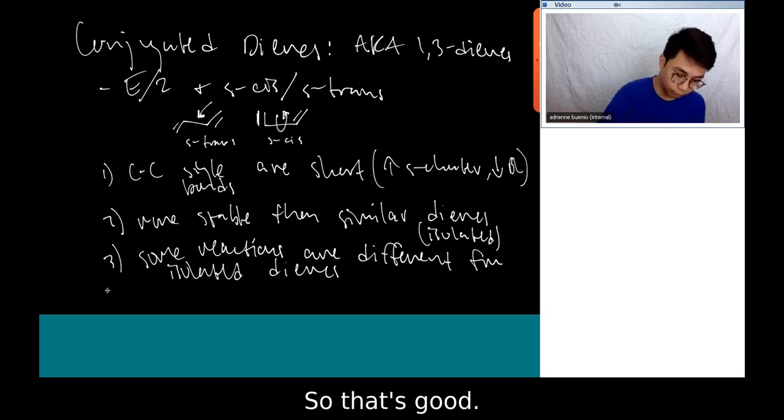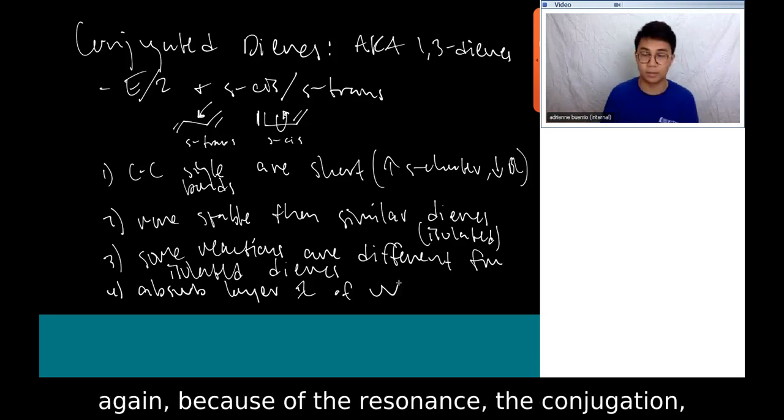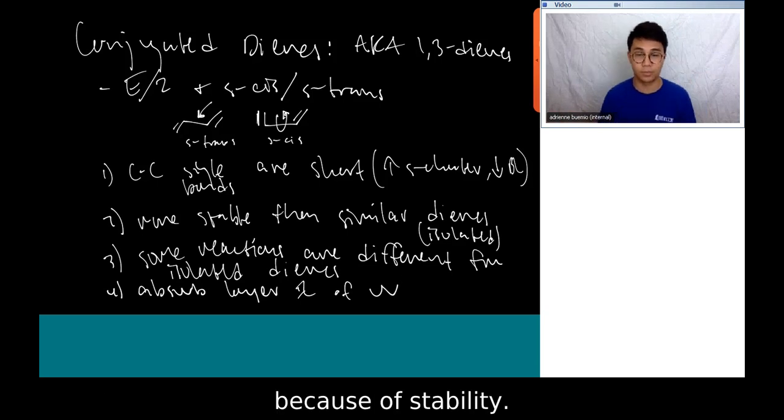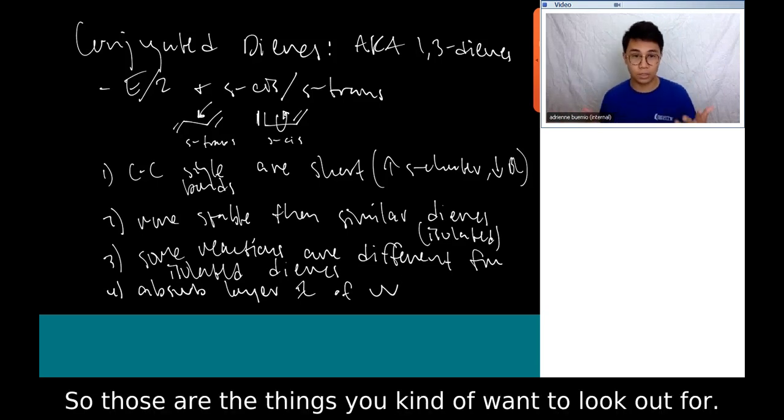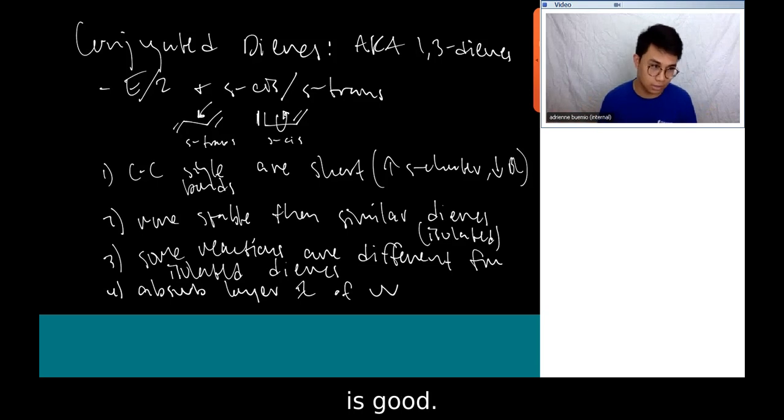That makes sense. And then the fourth one, they absorb longer wavelengths of UV, again because of the resonance, the conjugation, the stability. So those are the things you want to look out for. Those are the effects of conjugated dienes.